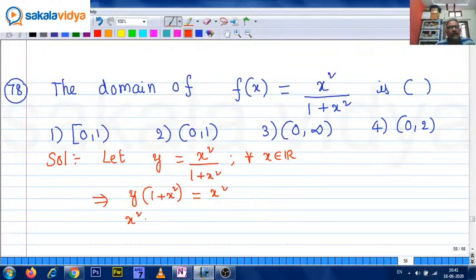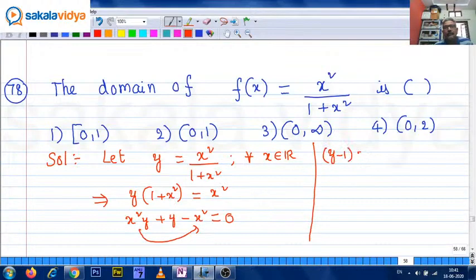This we can write x square y plus y minus x square equals to 0. Now x square common here. We have y minus 1 of x square plus y equals to 0. It's a quadratic equation in x.